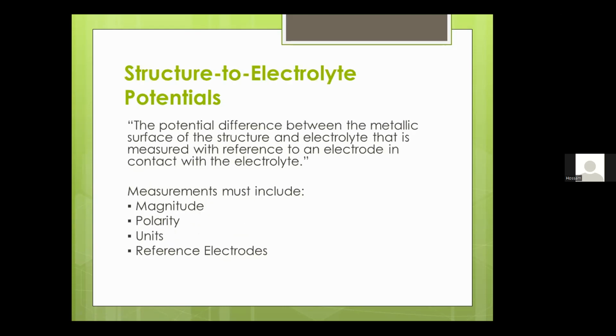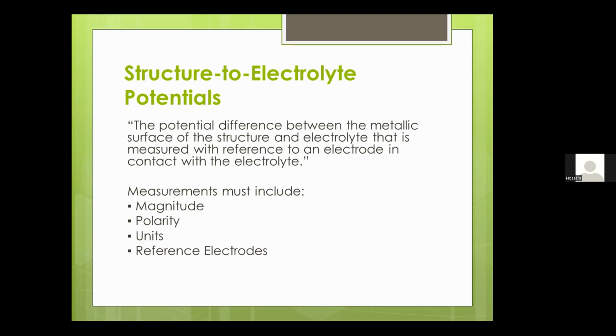The structure to electrolyte potential is the potential difference between the metallic surface of the structure and the electrolyte, measured with reference to an electrode in contact with the electrolyte. The measurement must include the magnitude, polarity, units, and the reference electrode. So if I measure the structure to electrolyte potential and say it's 1000, this can't give me any indication.